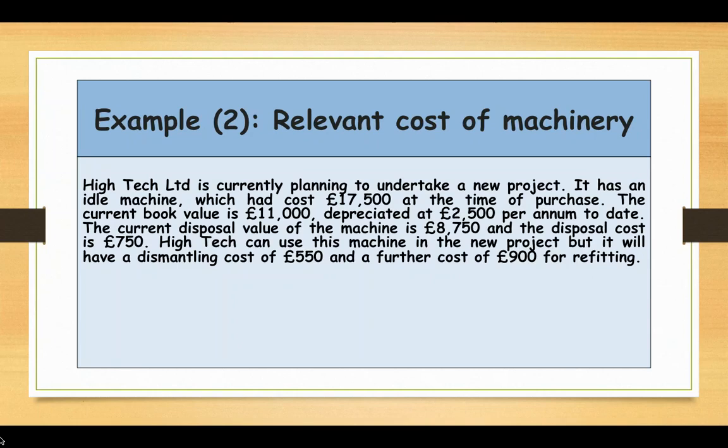High-Tech can use this machine in the new project, but it will have a dismantling cost of £550, which is a relevant cost, and a further cost of £900 for refitting.